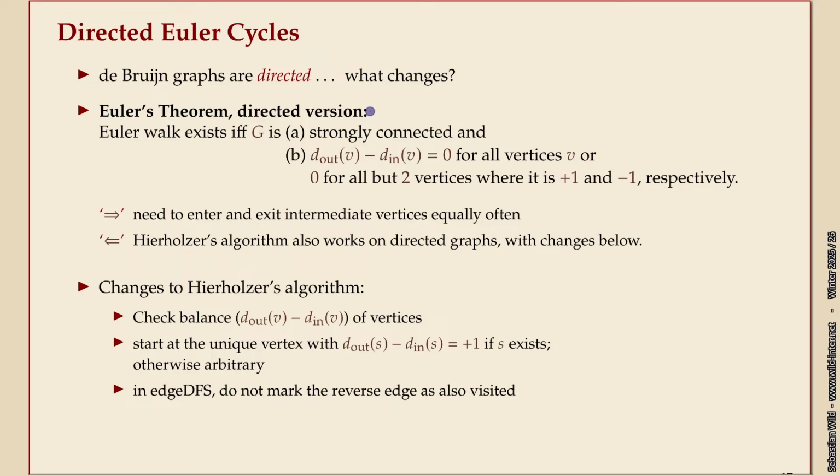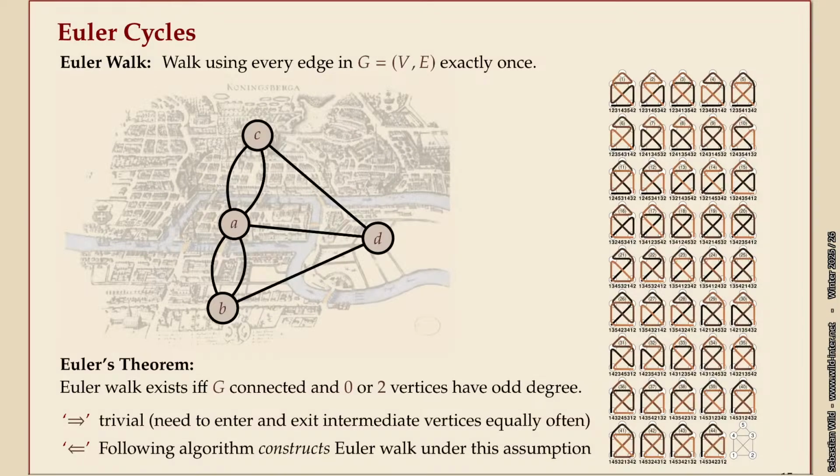First of all, Euler's theorem, if you think about the proof that I skipped, the directions are both simple if you take them separate. If we have the second condition, then we've just listed an algorithm that computes an Euler walk, so certainly one exists. So that direction is given by the algorithm.